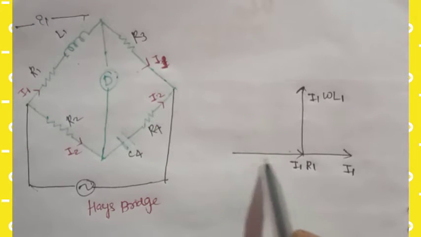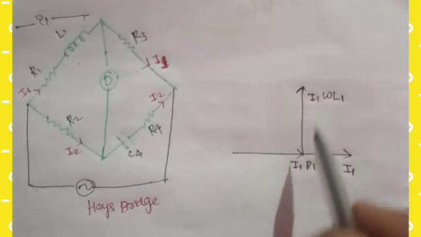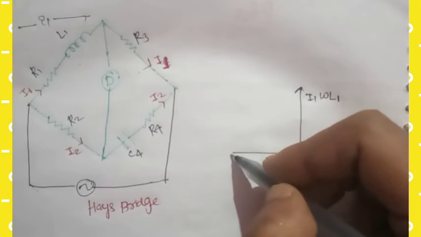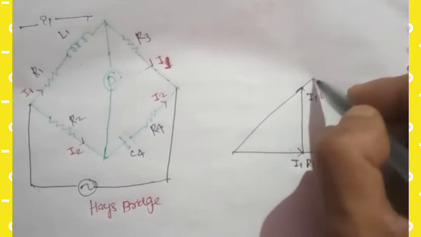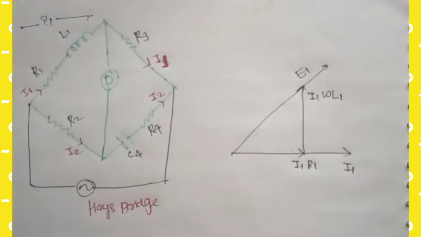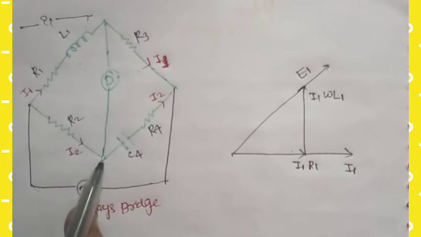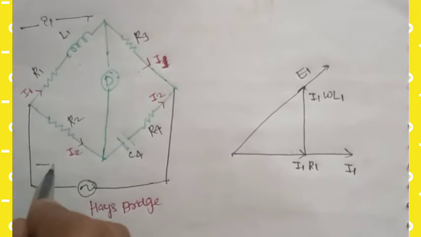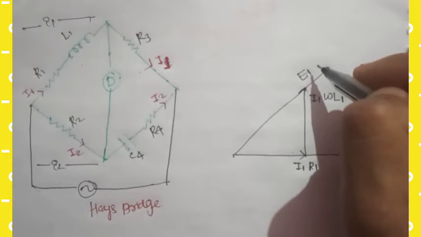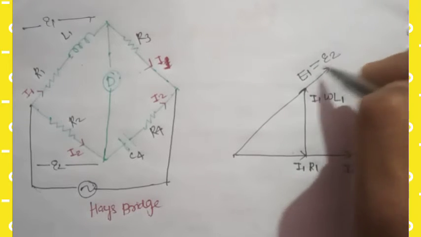Then E1 will be the summation of these. Since these are vectors, we will take the equivalent. This is E1. We know that at the balance condition E1 will be equal to E2.